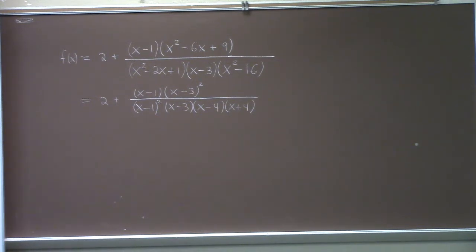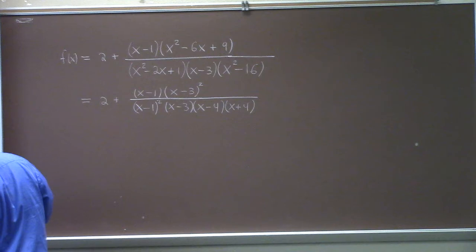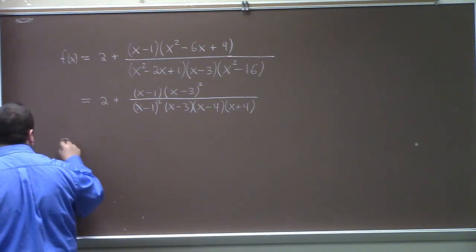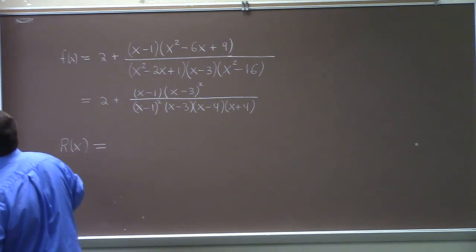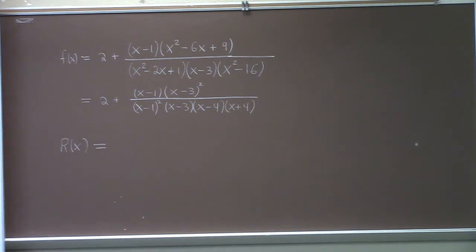So we have r of x equal to, just a second here. Number 59, yeah. So r of x is, what is it?